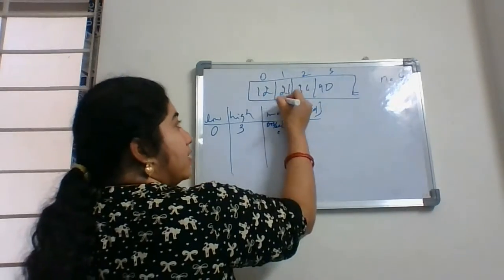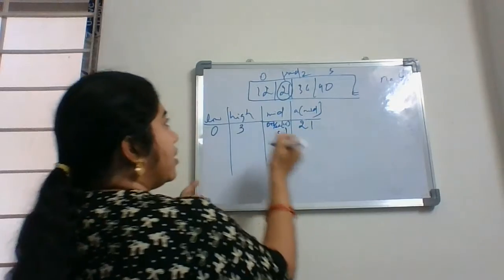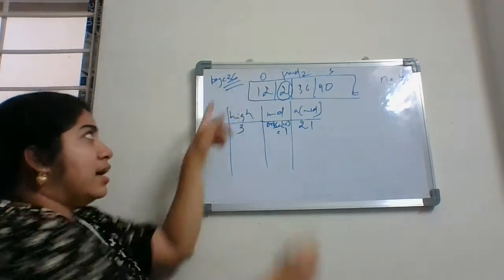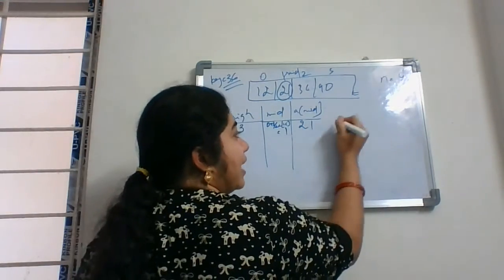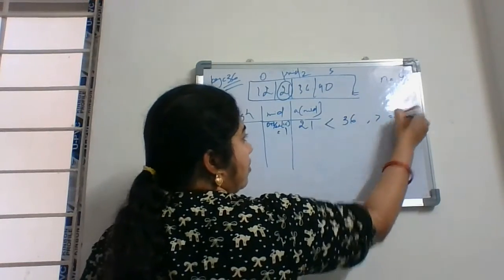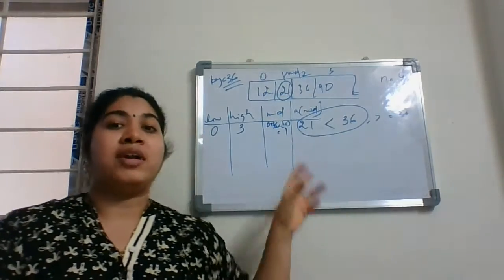So a of mid is the middle element. A of 1 is 21. Now the key I am going to search for is 36, right? I will compare this mid element, whether it is lesser than 36, greater than 36 or equal to 36. This condition has been met: 21 is lesser than 36. What does this indicate?